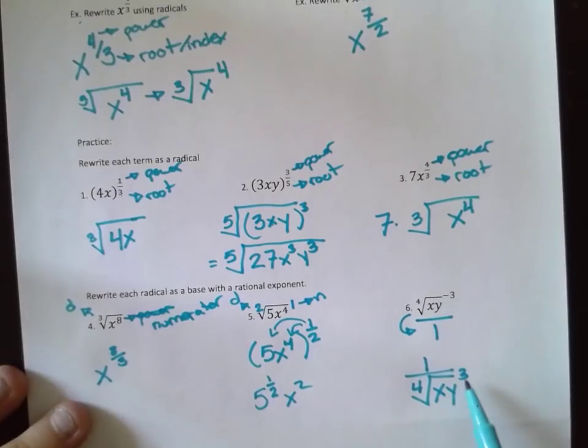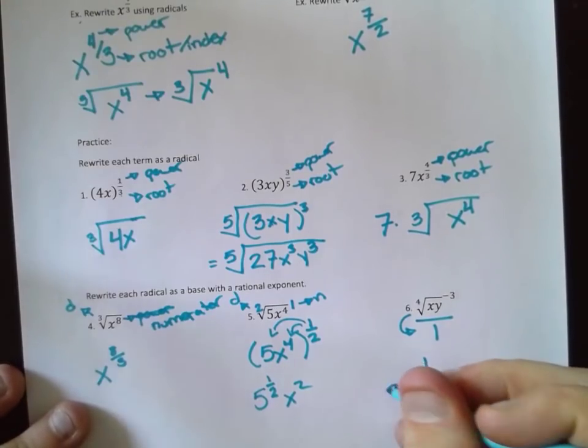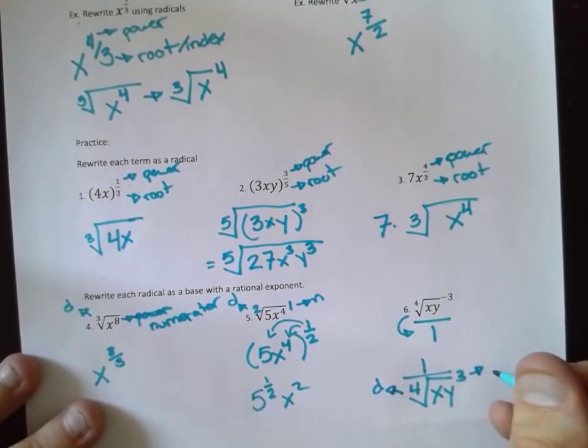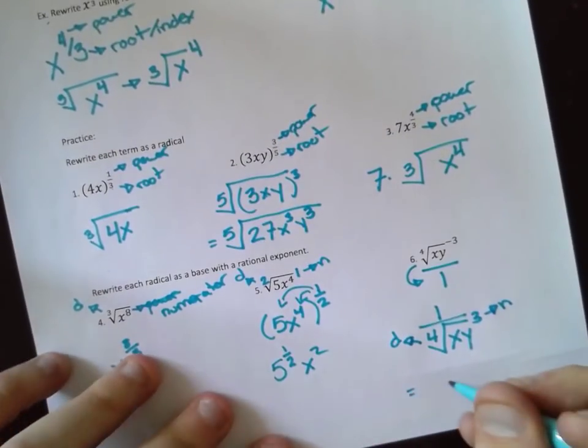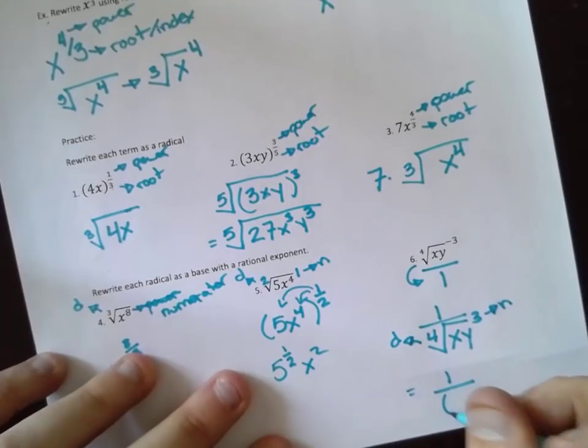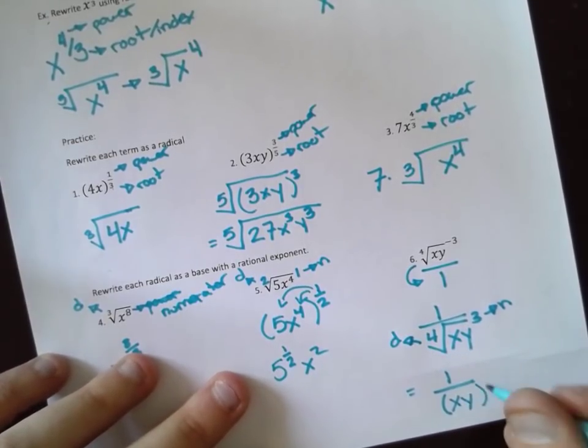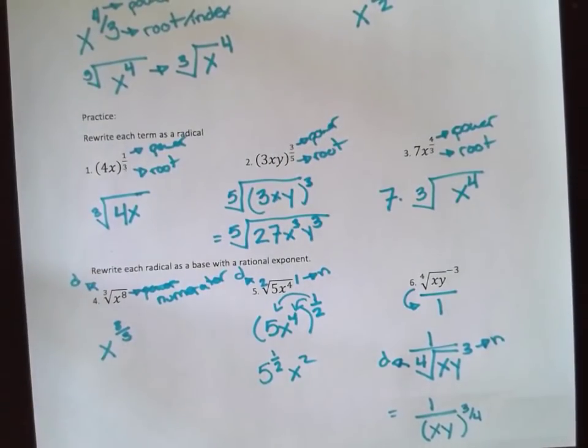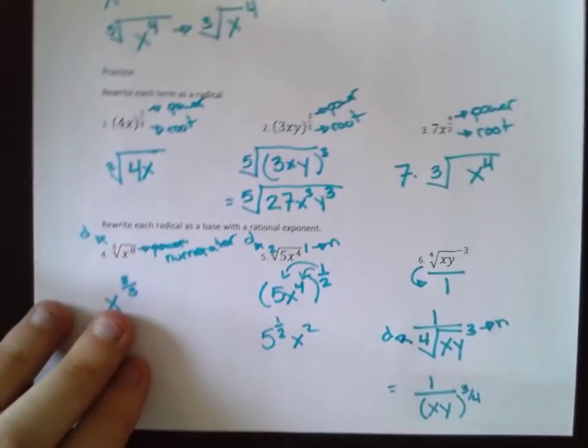Again, the 3 is on the outside, meaning everything is raised to the third power. And of course, I have the fourth root, so this is my denominator, this is my numerator. So I'm actually going to have 1 over parenthesis, because everything's being grouped together this time, to the 3/4 power. And that's it, guys. There's nothing more than that.